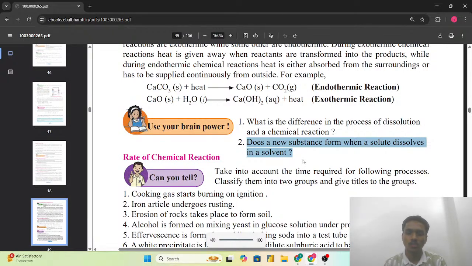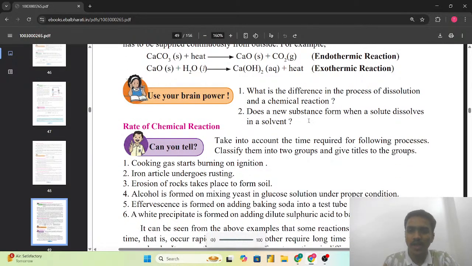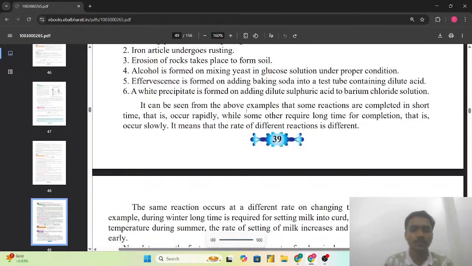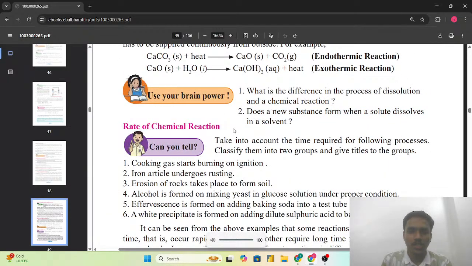In the dissolution of sulfuric acid, we take concentrated sulfuric acid as the solute and water as the solvent. We add the solute in a minimum amount because an extreme amount of heat is released, which can lead to accidental damage. So there is dilution of the sulfuric acid, but no new substance is getting formed.